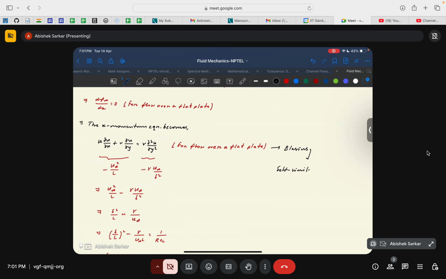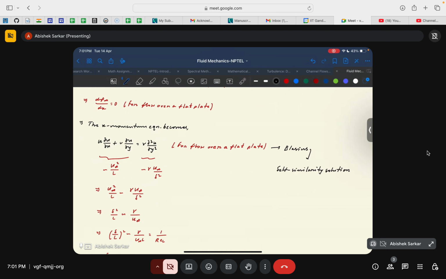Self-similarity solution basically means that he assumes or considers that even though the velocity profiles are not identical at different axial locations in the boundary layer, they turn out to be similar. And imposing those assumptions or those conditions, he was able to obtain the solution of these equations.